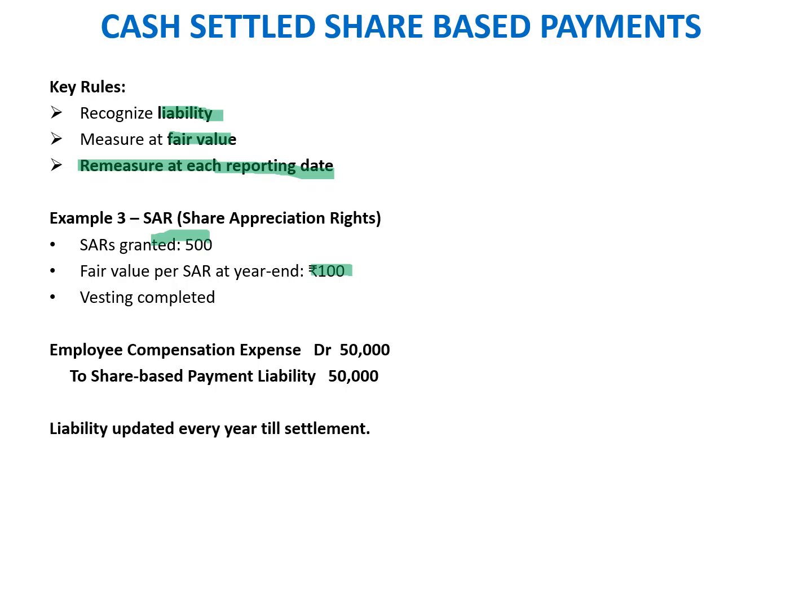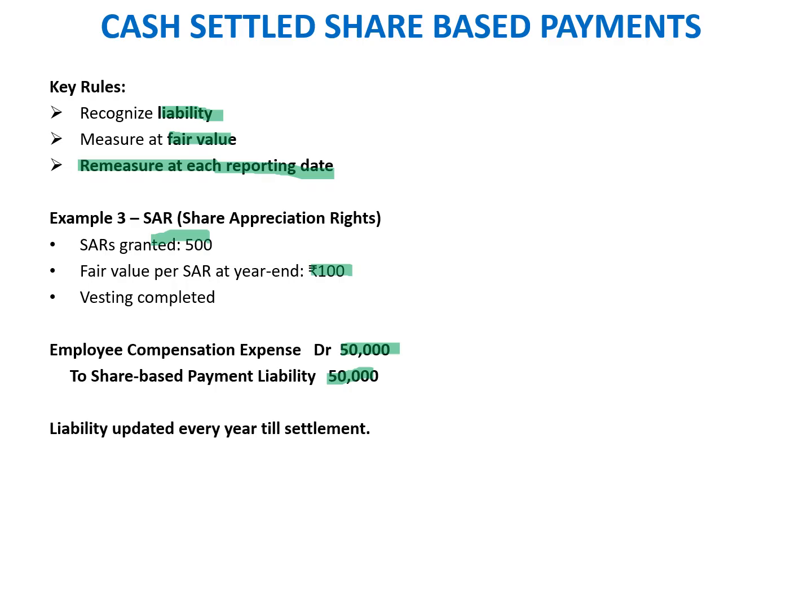So employee compensation expense to share-based liability, because this is not equity, this is settled in cash, and hence we have to create a share-based payment liability, and the liability is updated every year till the settlement, and any increase or decrease in the liability will be charged to my profit and loss account. This is the treatment whenever we are doing cash settled share-based payment.